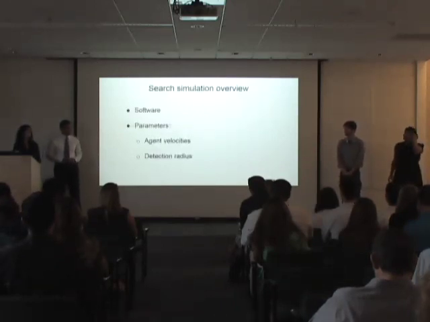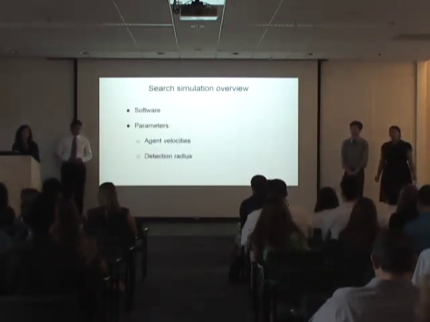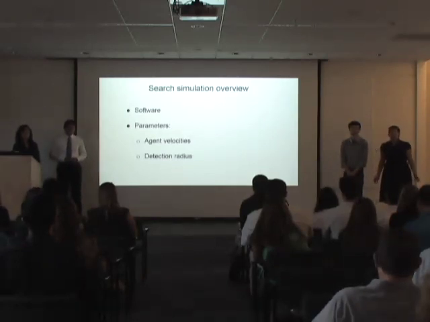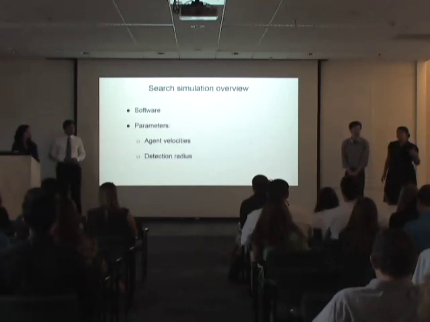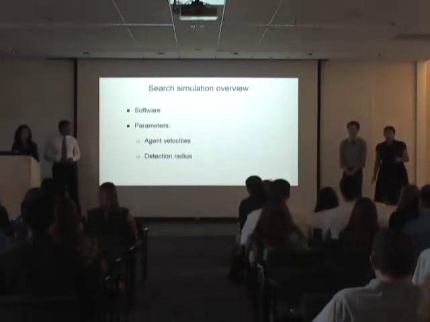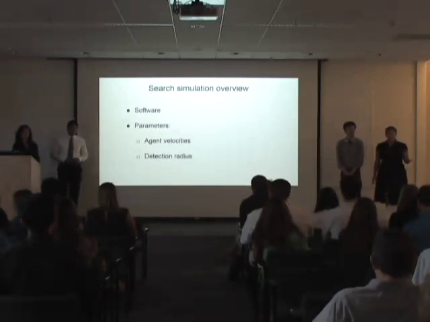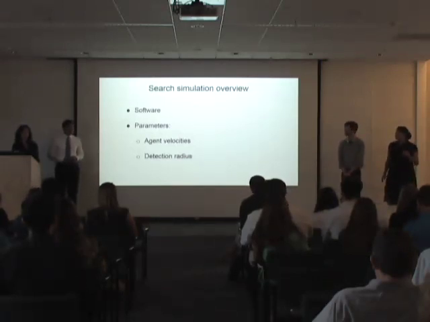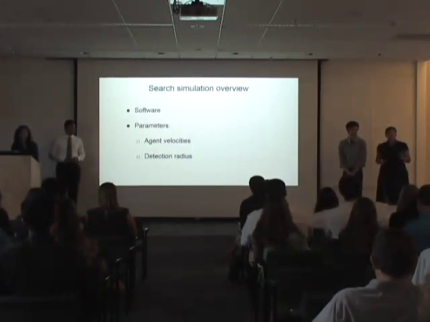So in order to do this, we used software created in MATLAB by the research team. And to make simulations, we changed different variables, such as the search agent velocity, the search agent being a UAV or an airplane, and also its detection radius, like how close it has to be to a target in order to find it.